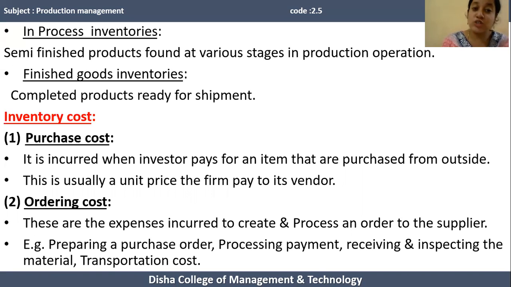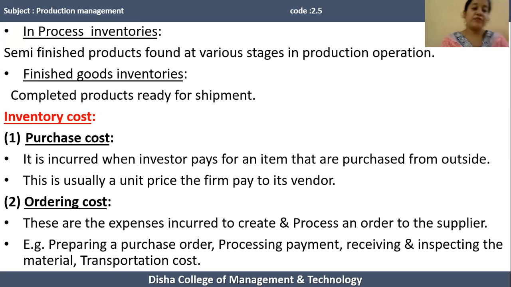Semi-finished products are also found at various stages in the production process. These are the half finished goods, and by using these inventories, the organization manufactures finished products.